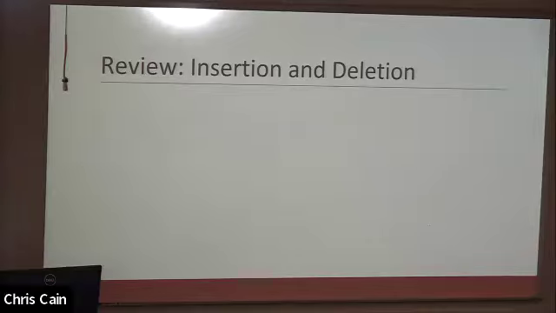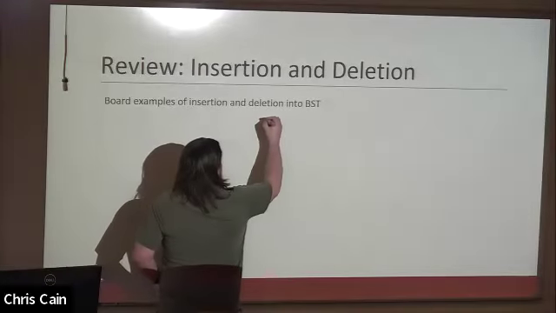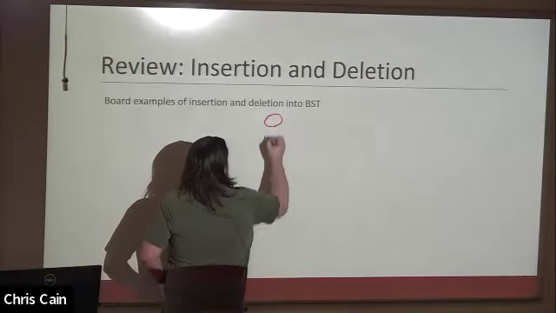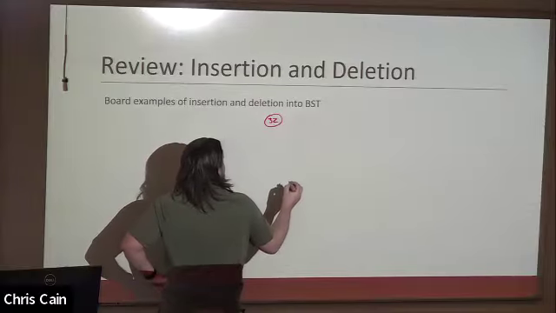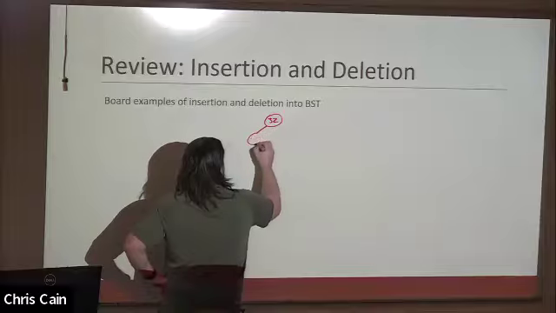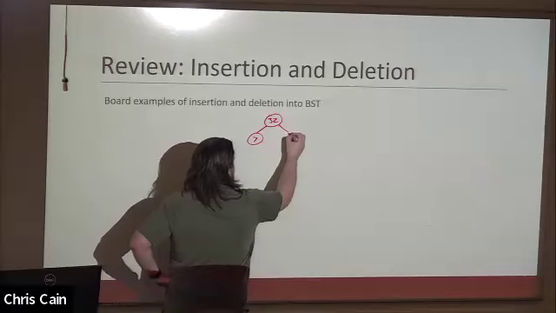So we're going to do that. Let's build a tree. Somebody give me a number. 32. That's going to be our root. Someone give me another number. That's going to be a left child of 32. Someone give me another number. 100.